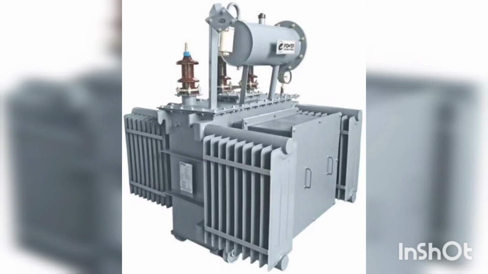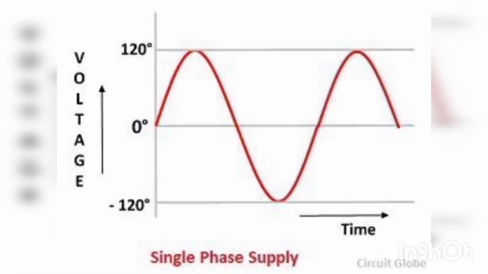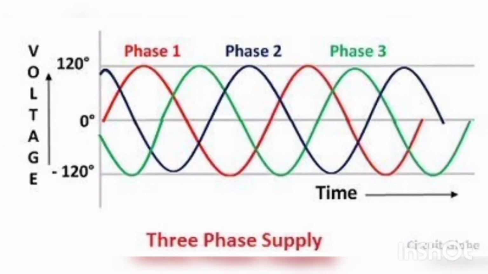The output voltage of the distribution transformer is 440 volt for three-phase system and 230 volt for single-phase system in India. Mainly, in our homes we are using the single-phase system, that is 230 volt. But where much more load is needed, they will use three-phase system so that the voltage is higher than 230. So it will give 440 volt.